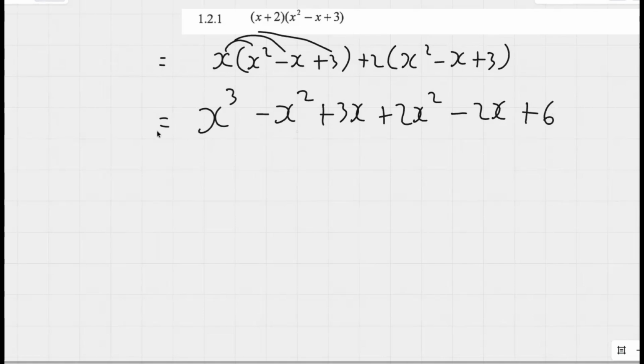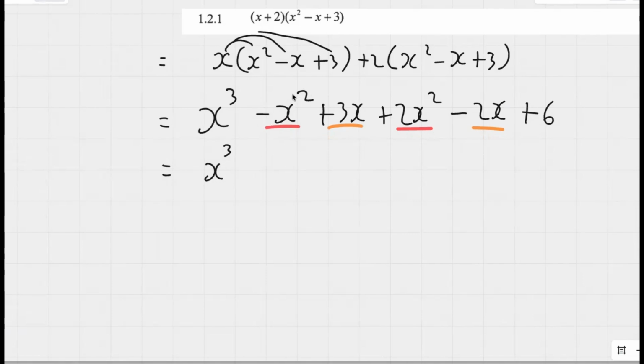Then we find our like terms. So we see that we have just one x cubed, but we have x squared. Then we also have x and x. And now what we're going to do is write the x cubed. We try and write our answers in descending powers. Then we look at the x squared.